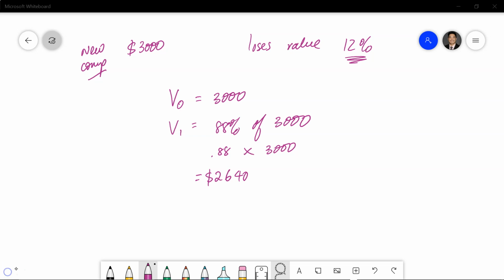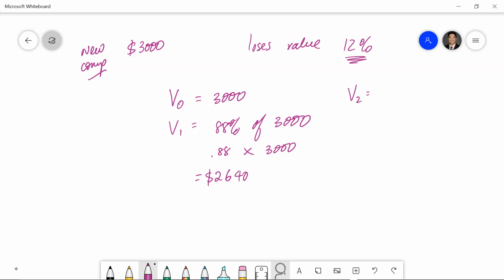If we continue this process, after the second year, V of 2, we're not starting at 3,000, we're starting at 2,640. We've lost another 12%, so we do exactly the same thing: 0.88 times 2,640, and after the second year we end up with $2,323.20 as the value after 2 years.